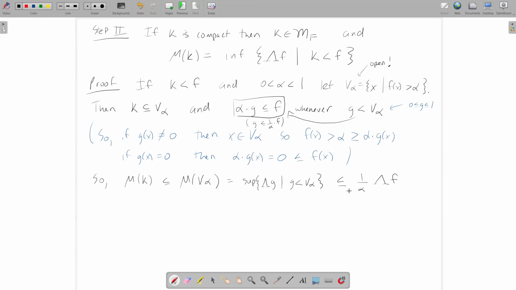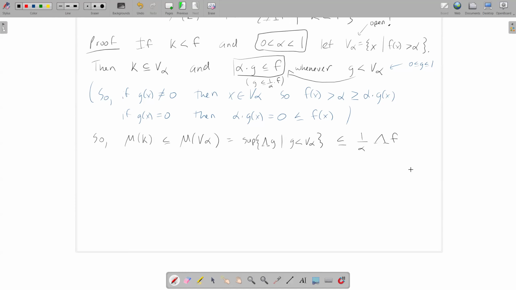Okay, so we get this. All right, and we get this for any alpha, okay, between 0 and 1, right? Those are the conditions on alpha. So now we let alpha approach 1, and we get that mu of K is less than or equal to lambda f, which by the way is finite.